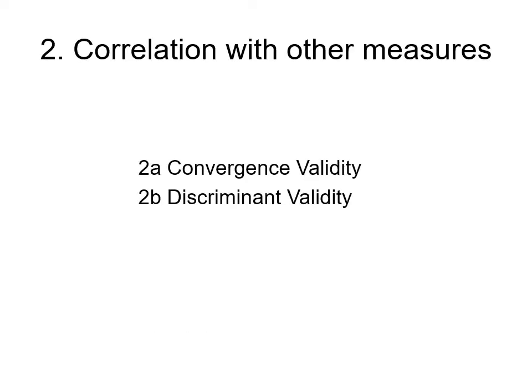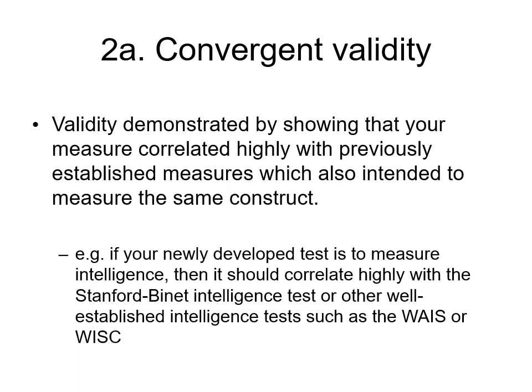Now, the second one is that you can correlate with other measures. This involves 2 aspects of validity: convergent validity and discriminant validity. Convergent validity is the aspect of validity showing that your measure correlates highly with previously established measures that intend to measure the same construct.